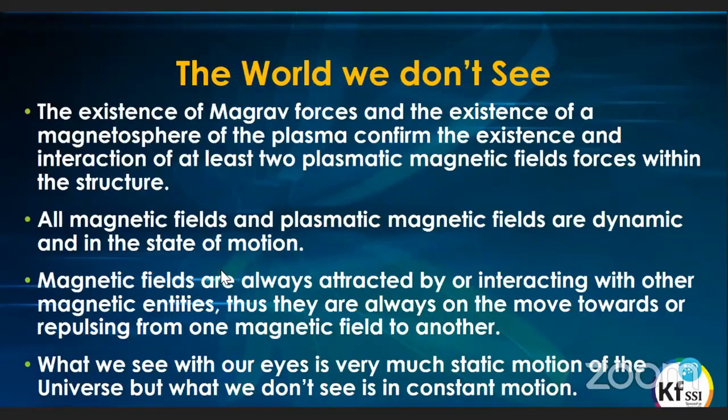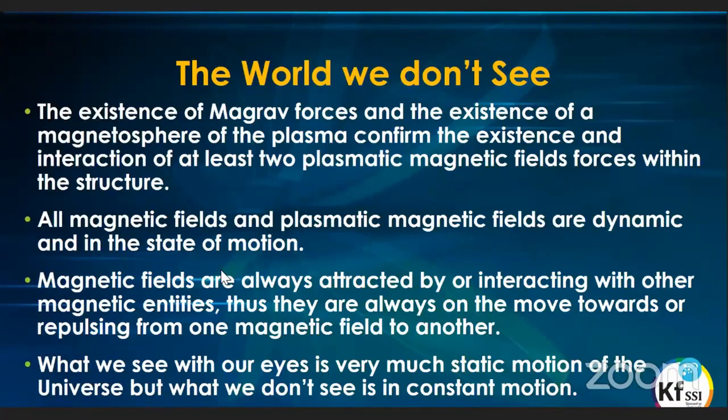So all the magnetic fields and plasmatic magnetic fields are dynamic and in a state of motion constantly. So these magnetic fields are always attracted by or interacting with other magnetic entities. Thus, they're always on the move towards or repulsing from one magnetic field to another.